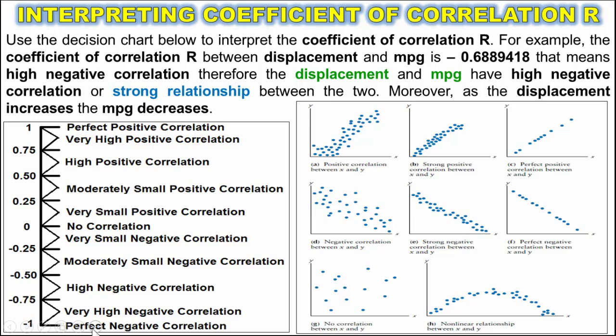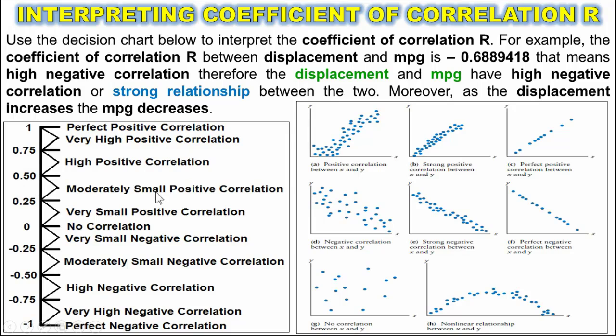A negative 1 coefficient of correlation R indicates a perfect negative correlation. A positive 1 coefficient of correlation R indicates perfect positive correlation. A coefficient of correlation R that falls within the range from 0.50 to 0.75 indicates high positive correlation.